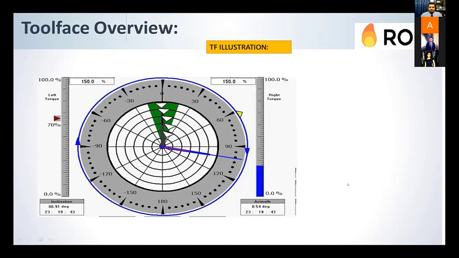Thank you, Salah, for this presentation. Anyone has a question for Salah? Okay, we will move forward to Ash Rana. She will talk about LWD density image.